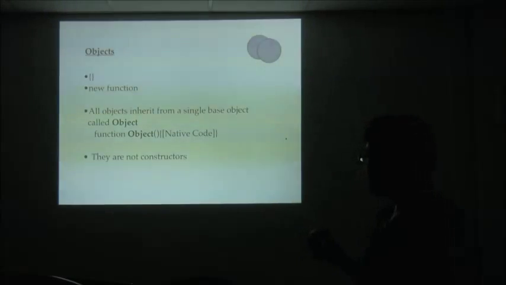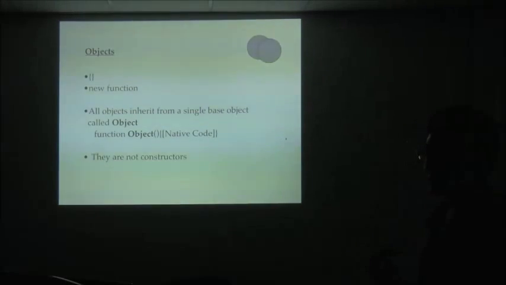So using that function object, we can create new objects. Now we spoke about function objects as constructors, but what are these objects you would instantiate, right?